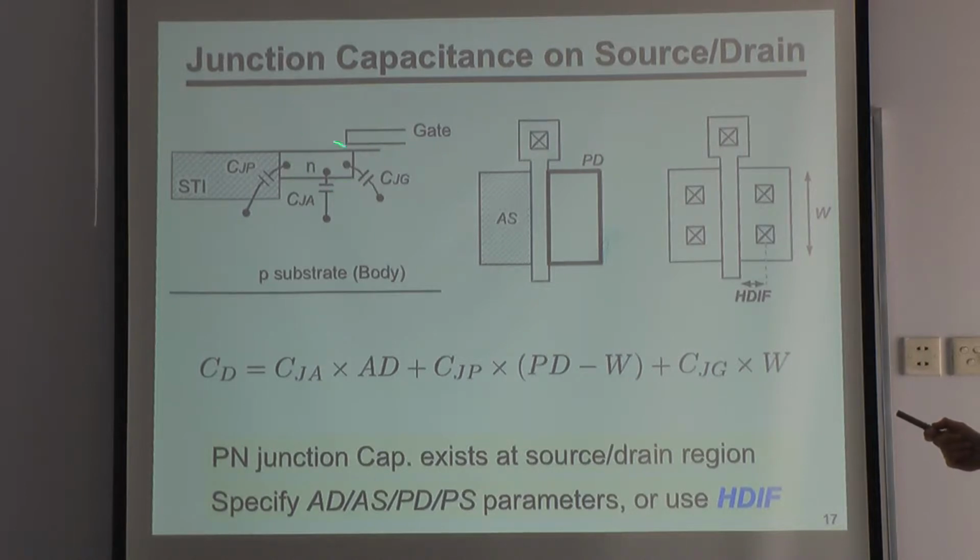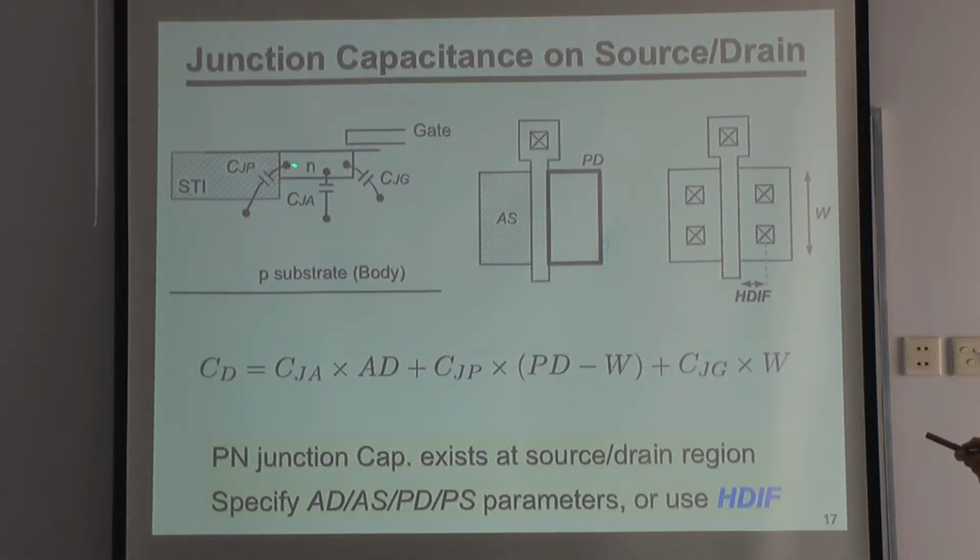So here there are many capacitances, and the total capacitance of this drain area is the junction capacitance per area times the area of drain. Meaning, this is the area of source. So the capacitance per unit area times area means the capacitance of this total area.